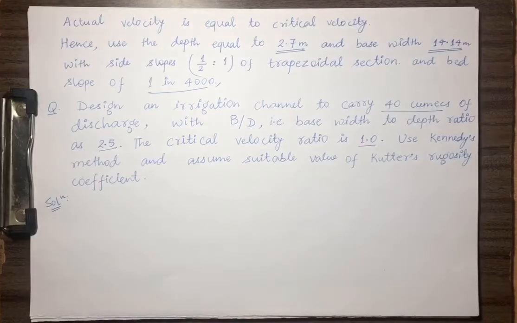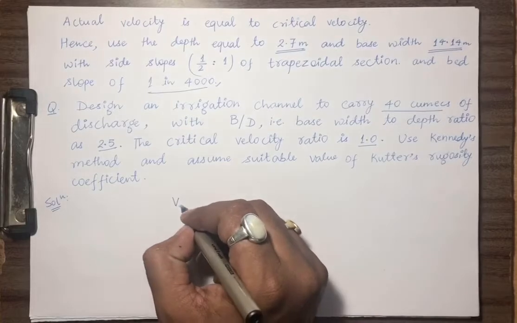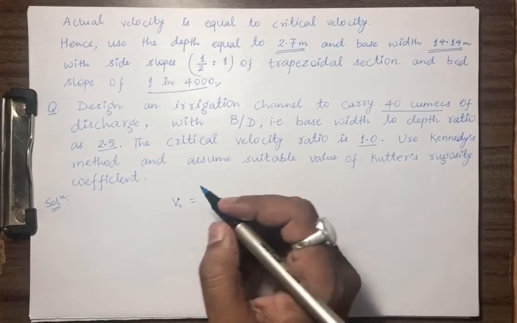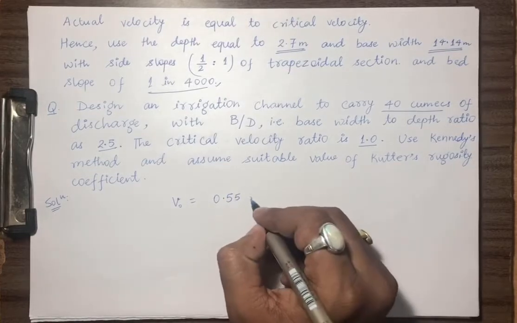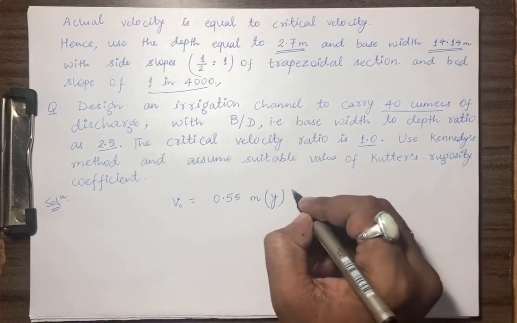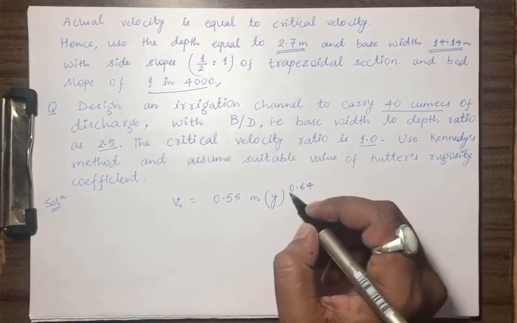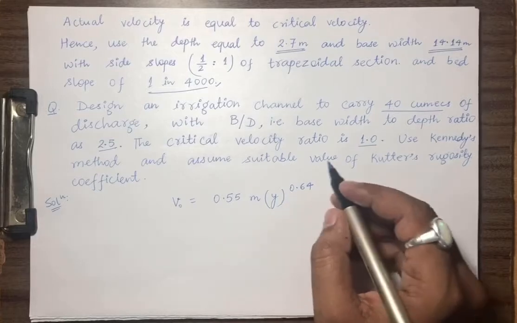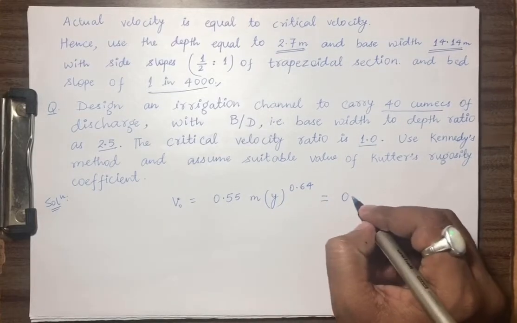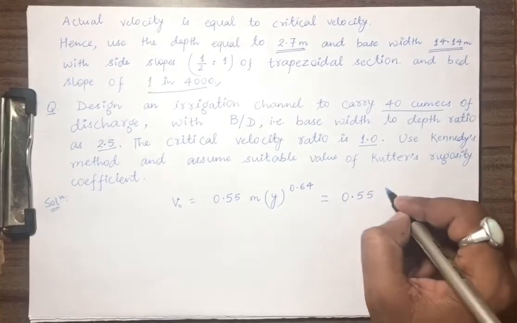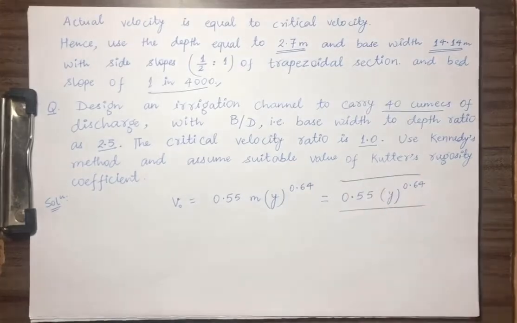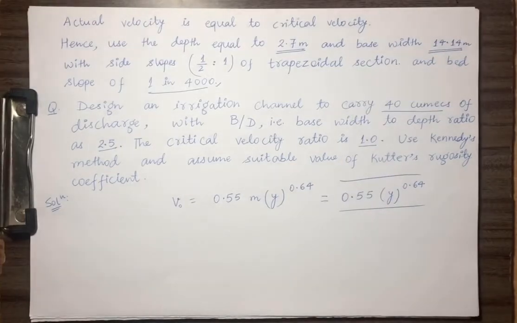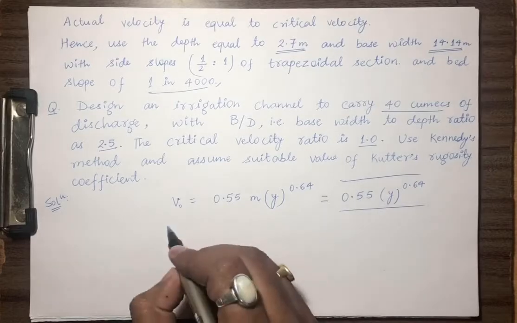We have to assume certain things. So first, the basic step is to calculate the velocity. The velocity was given as 0.55 m into y raised to power 0.64. In the question, m is given as 1, so this will simplify to 0.55 y raised to power 0.64.